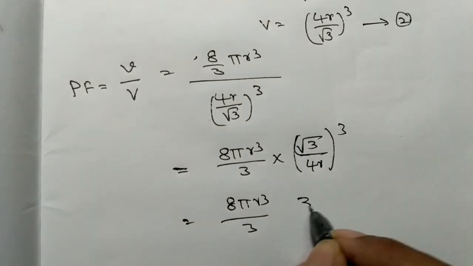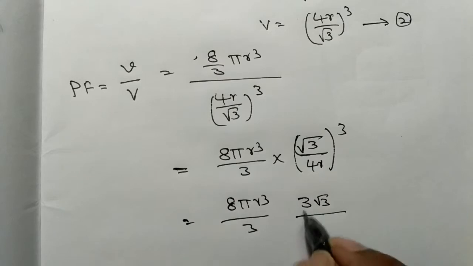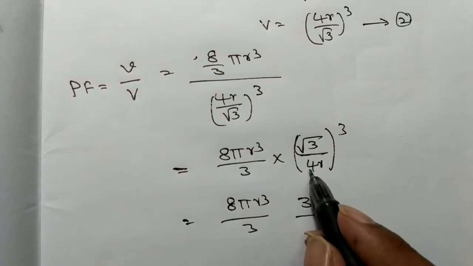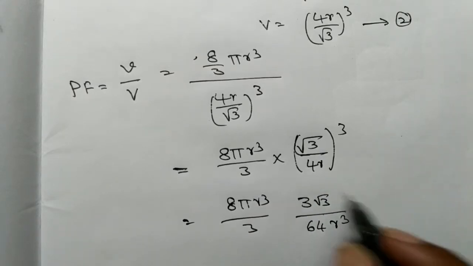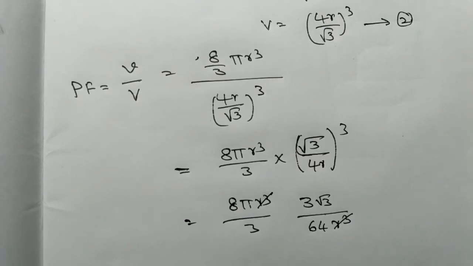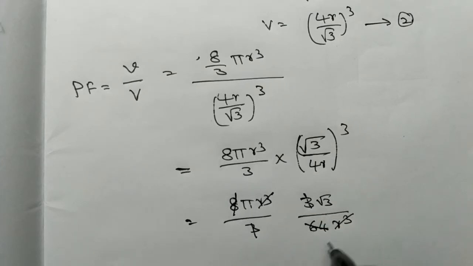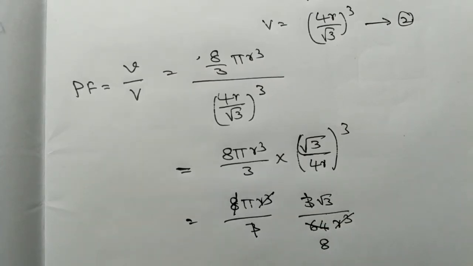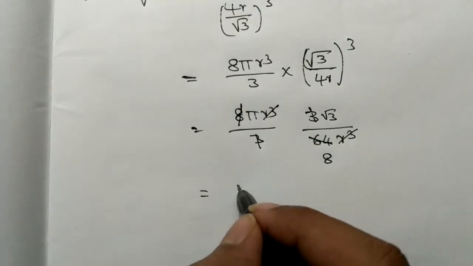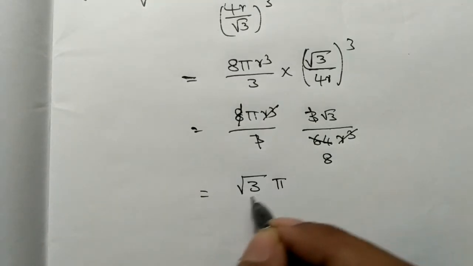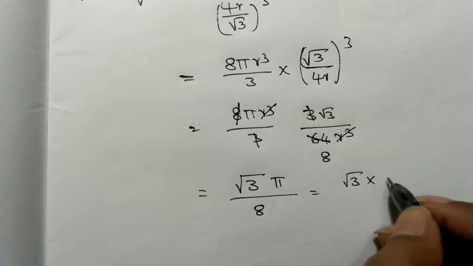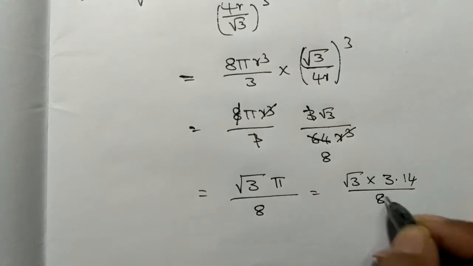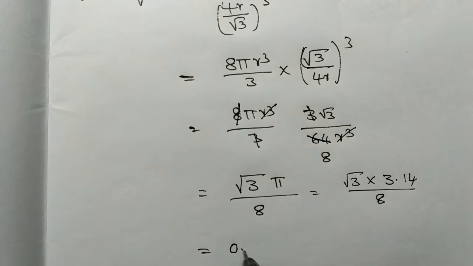Root 3 cube means 3 root 3 by 64 r cube. R cube gets cancelled. 3 gets cancelled. 8 and 64, 8 times, that is equal to, the resultant will be root 3 pi by 8, that is equal to root 3 into pi means 3.14 by 8. The answer will be 0.68.